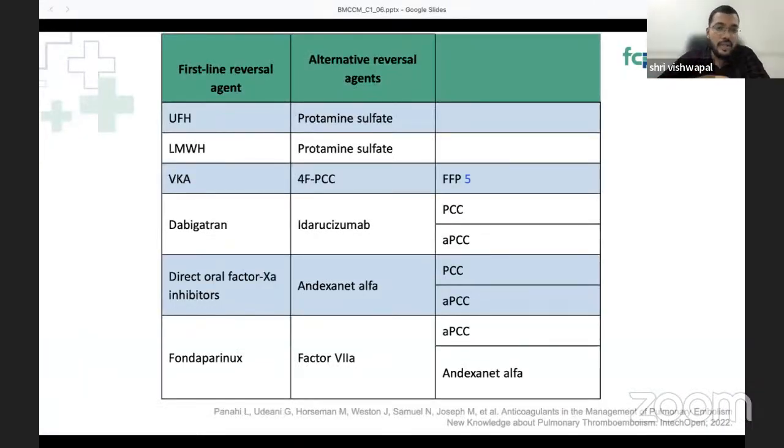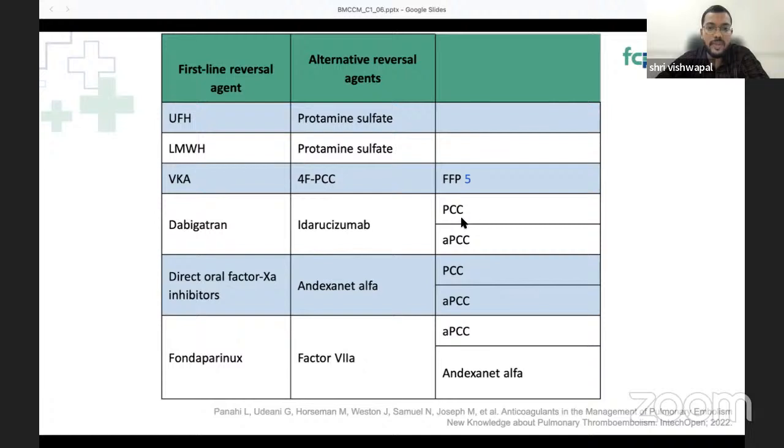So once the patient is on these kinds of anticoagulants, if you see that the patient has thrombocytopenia or bleeding risk, you have to go for an antidote. So these are the antidotes for the respective anticoagulants. The first one is heparin, protamine sulfate, and for low molecular weight heparin it is also protamine sulfate. Vitamin K antagonist, FPCC and FFP.